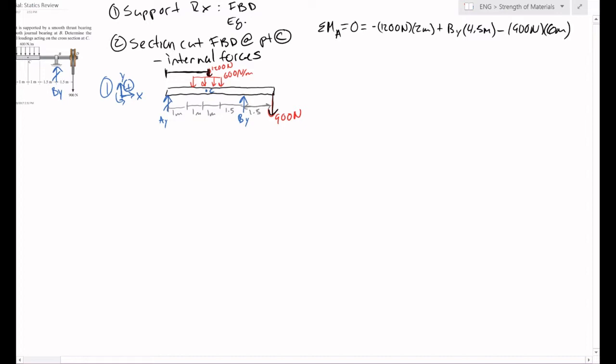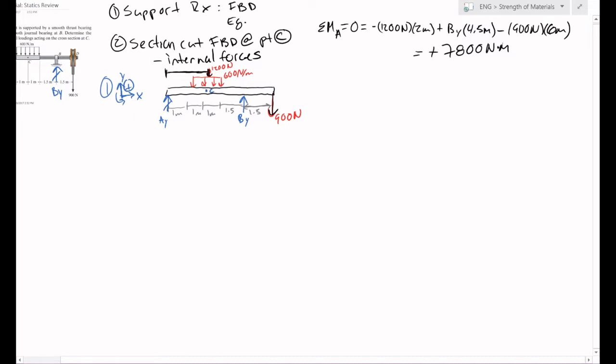Alright, so we'll sum all those up, and we get negative 7,800 Newton meters.